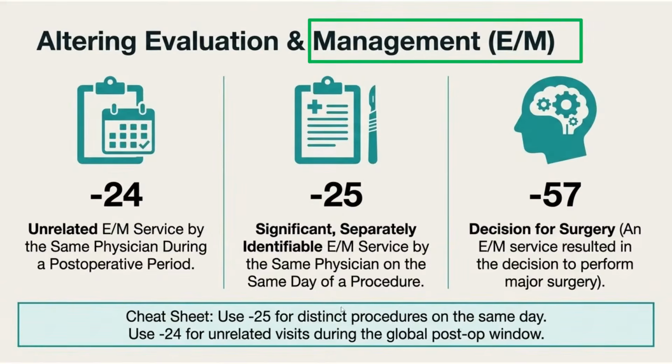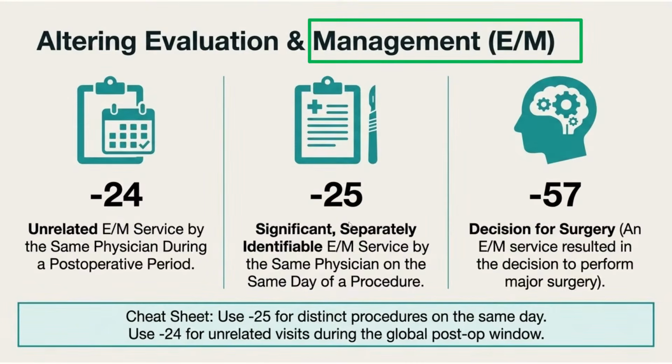Earlier we had a question about modifier 25. This is used when there is a significant and separate E&M service. So the 25 modifier goes on E&M codes. The 24 modifier is an unrelated E&M service by the same physician in the post-operative period, but it goes on an E&M code. And so too does decision for surgery, modifier 57. This goes on an E&M code. This is the modifier for the decision for surgery.